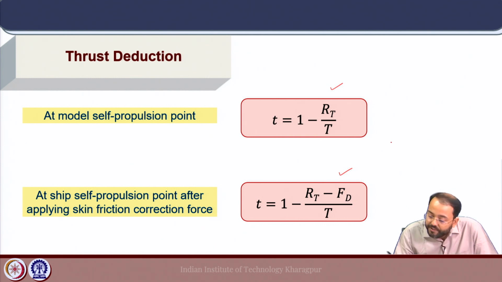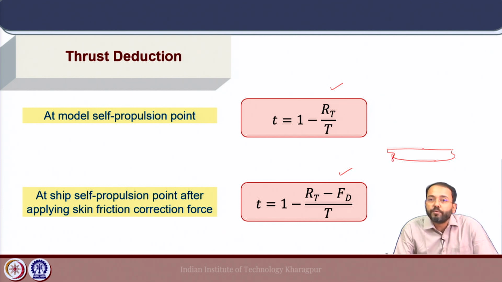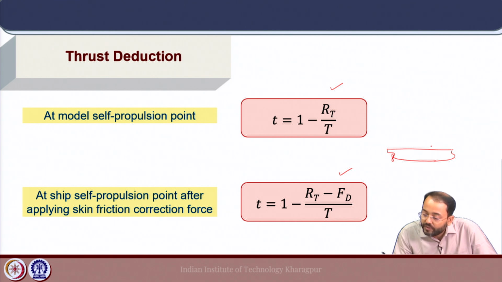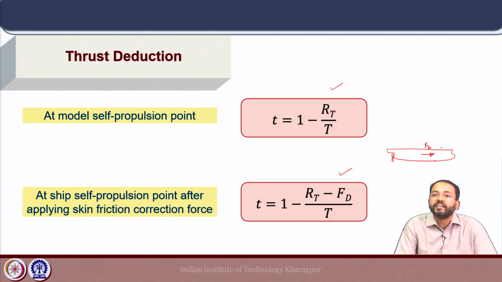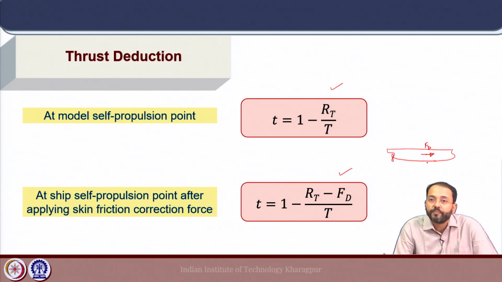So, let us say we have the ship model which is towed in the self propulsion test, and at the resistance dynamometer we have a tow force which is Fd, which is the skin friction correction force.